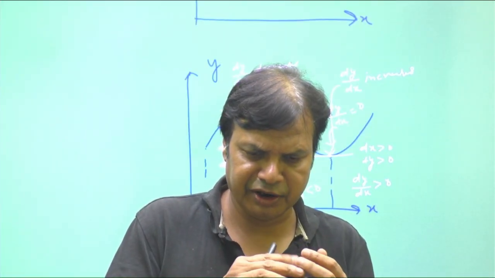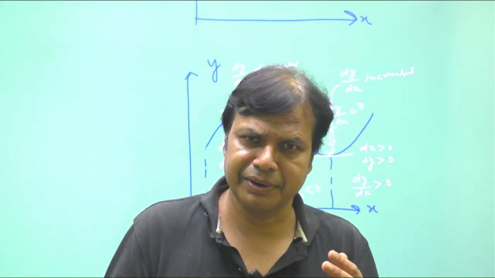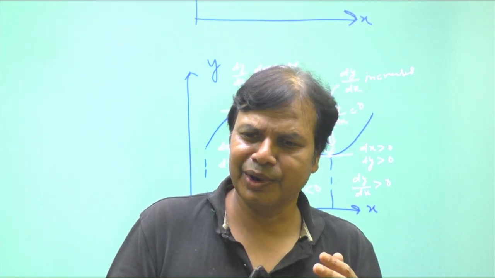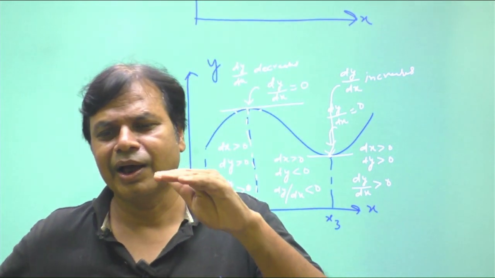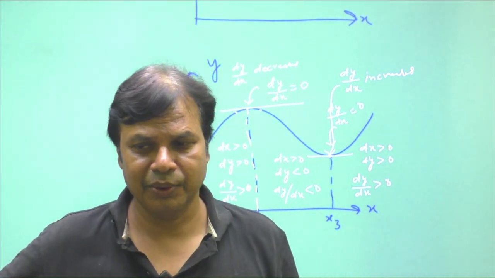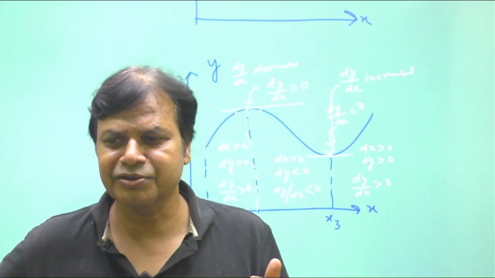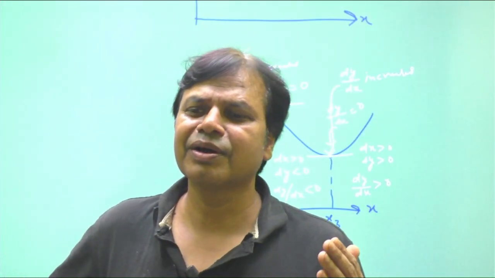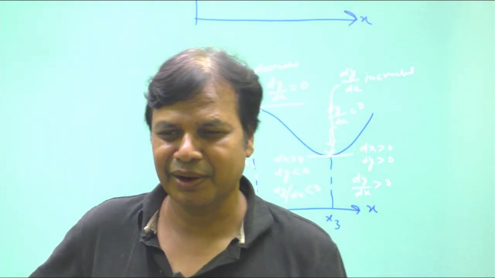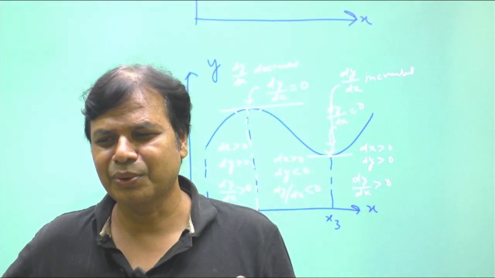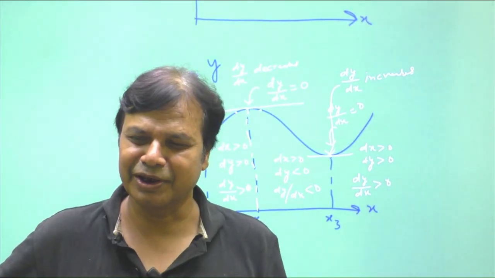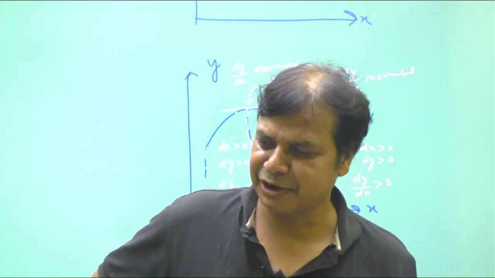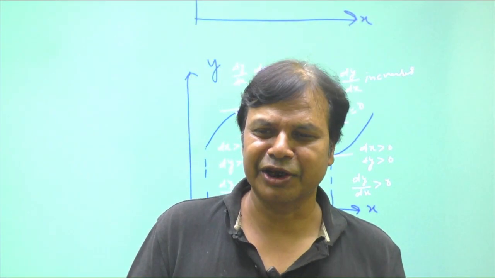We are trying to find out a pattern here, we simply don't want a particular value. We are not interested in a particular point here. If you want to tell something about a pattern, whether increasing or decreasing, then you have to think about whether the values are increasing or decreasing.